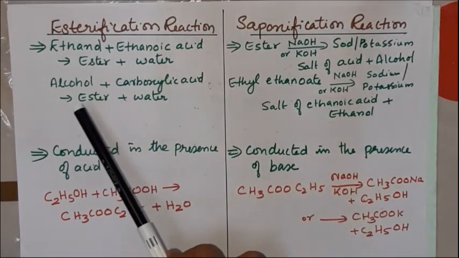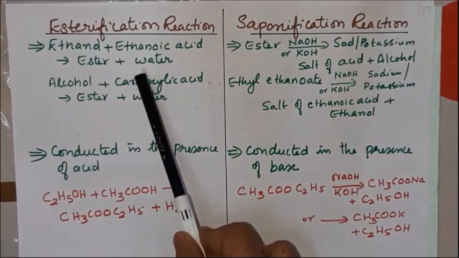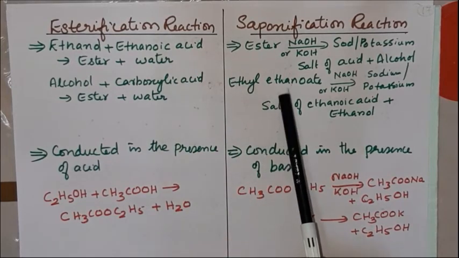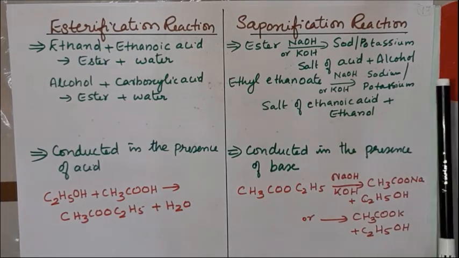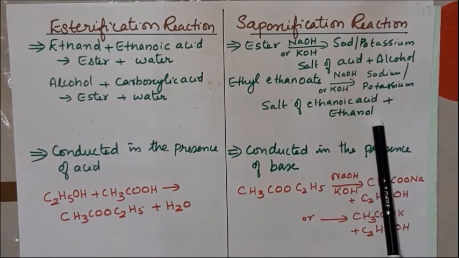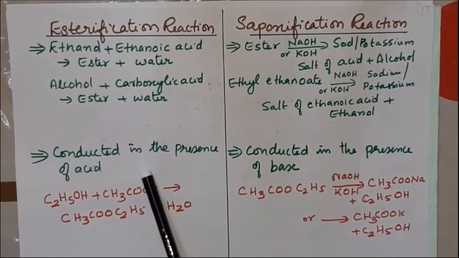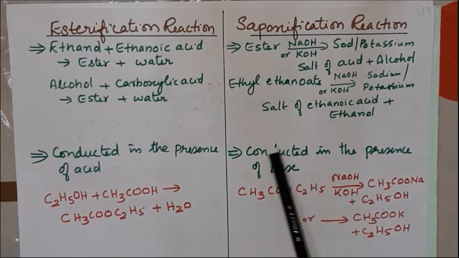The example that you have to take here is ethanol plus ethanoic acid gives ester plus water. Here, ethyl ethanoate when treated with sodium hydroxide or potassium hydroxide gives the sodium or potassium salt of ethanoic acid plus ethanol. Now the esterification reaction is conducted in the presence of an acid, whereas the saponification reaction is conducted in the presence of a base.